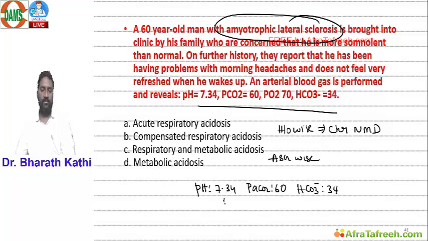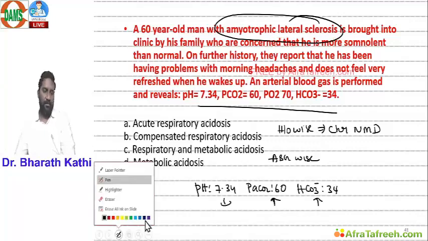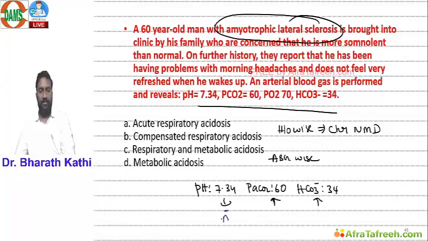Just draw arrow marks: decrease, increase, increase. Anywhere a decrease in pH is acidosis. Change in pH with respect to parameters, opposite. What should be the primary? Respiratory. Acute or chronic? Chronic.